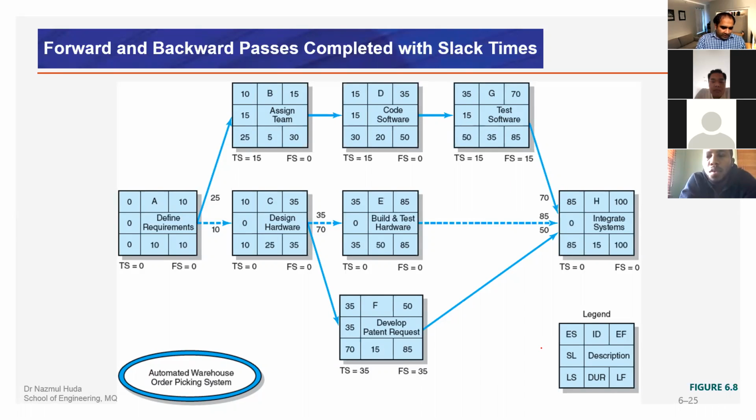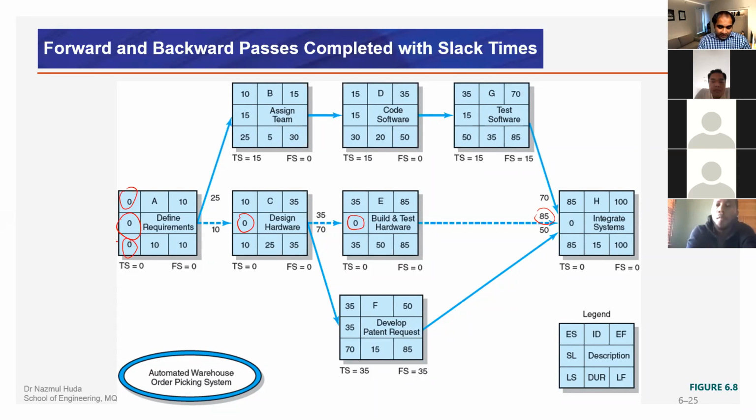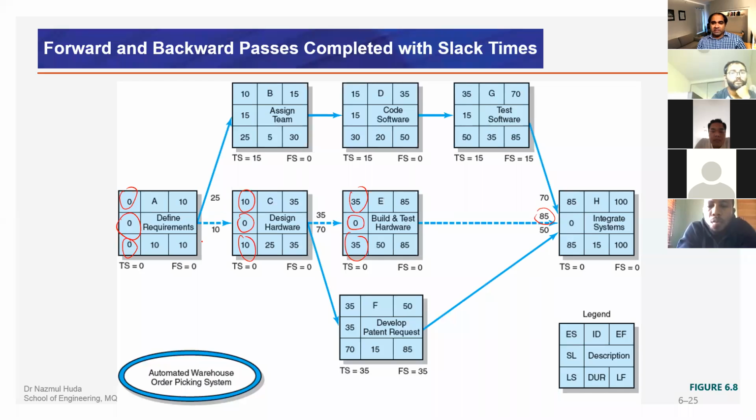If you look at the critical path, you can see that the total slack will be 0 days within the critical path, because we don't see any difference between the early start and late start. There is no difference at all, which means we don't have any flexibility on the critical path. So the critical path stays as it is.